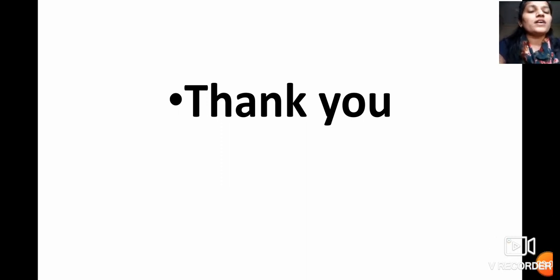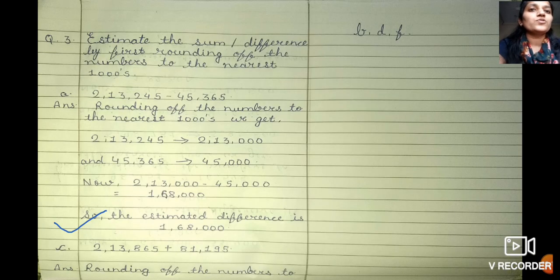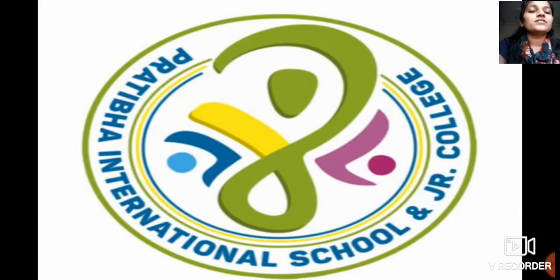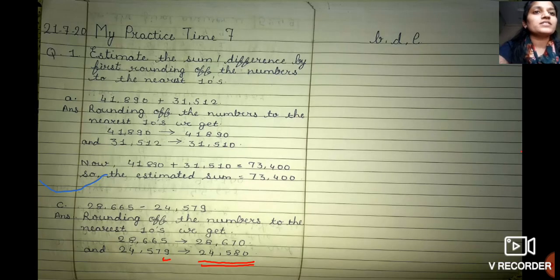So students, I hope you all have understood today's concept. Okay, that is estimating the sum or difference. I'll just explain in short how we have to round off the numbers. We just have to refer the ones place in tens. Okay, when we round off the numbers to the nearest tens, we have to refer the ones place.